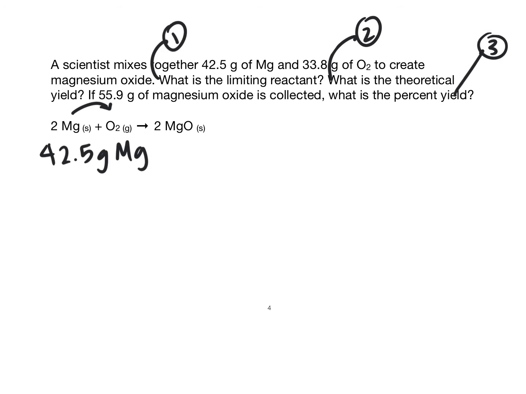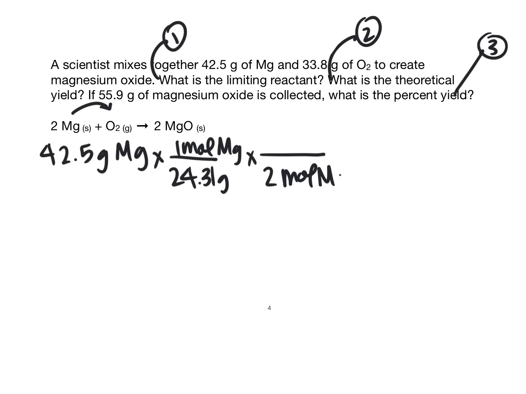We're going to convert that to O2. So the molar mass of magnesium is 24.31 grams in 1 mole of magnesium. And there are 2 moles of magnesium for every 1 mole of O2. And in 1 mole of O2, there are 32 grams.